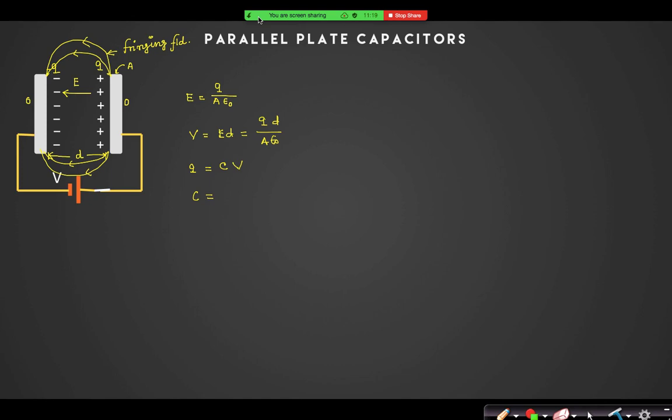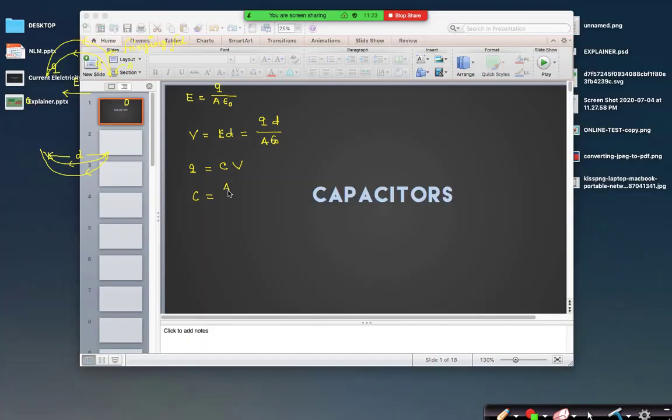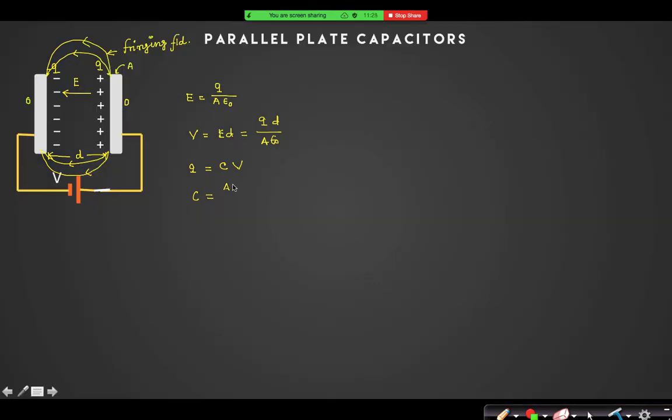So C is equal to A epsilon by D. Can you see my computer screen? Yes, sir. Okay. So the capacitance of a parallel plate capacitor can be written as A epsilon divided by D. Right?